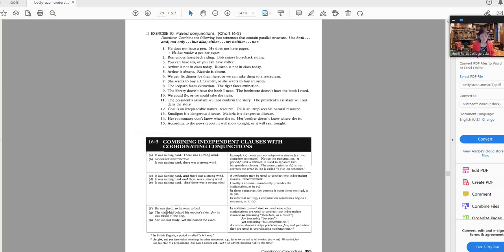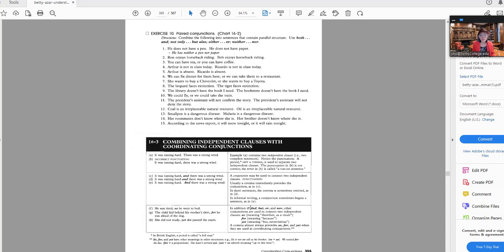He was tired, comma, so he went to bed. The child hid behind his mother's skirt, comma, for he was afraid of the dog. She did not study, comma, yet she passed the exam. And so I tell my students that every time you have a coordinating conjunction, you always put a comma before the coordinating conjunction when the coordinating conjunction joins two complete sentences together, as in a compound sentence.